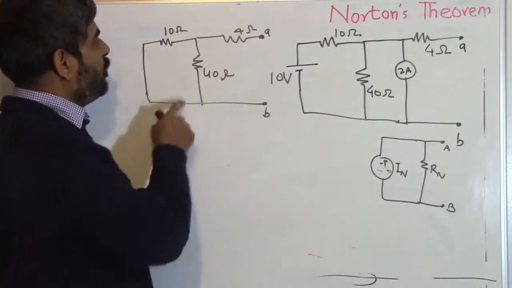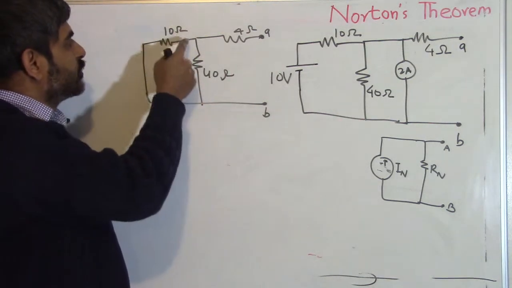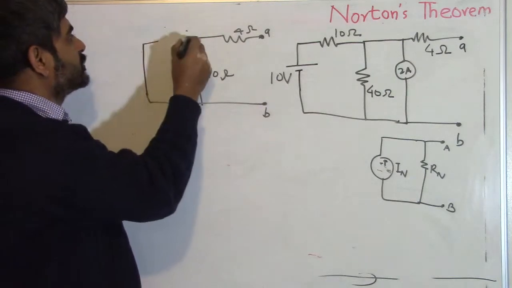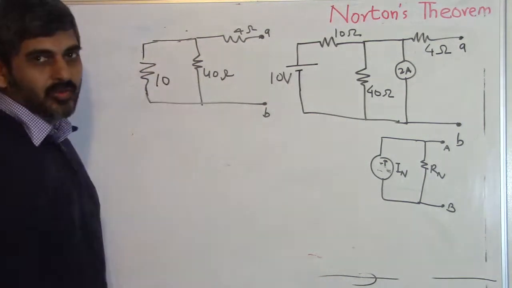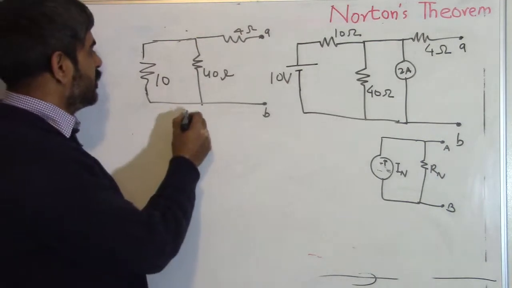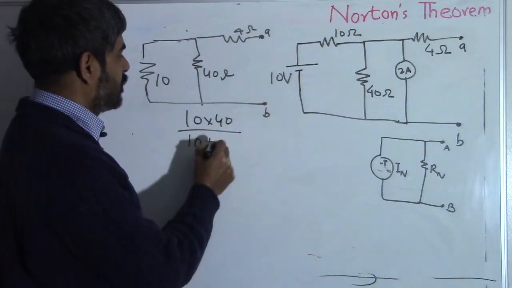So this 10 ohm and 40 ohm are in parallel. You rotate this one, so this will start looking like parallel resistors. The equivalent resistance of these two resistors will be 10 into 40 divided by 10 plus 40.